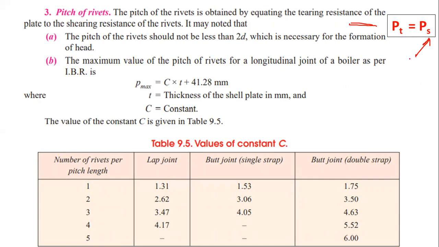From these two equations, you can get the value of suitable pitch P. For checking purposes, for determining the maximum pitch of the rivets, you have to use this formula: maximum pitch of the joint, P max, equals C into T plus 41.28.